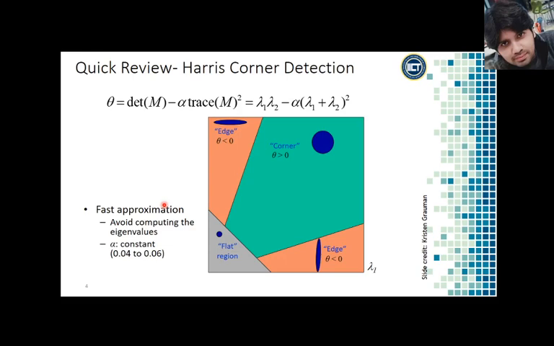Numerical methods can yield the same approximated results in less time, or sometimes where there is no analytical solution available, we can provide that solution using numerical methods. So this is an approximation method, so of course it will not yield the exact value, but it will provide a faster computation for detecting the corners.